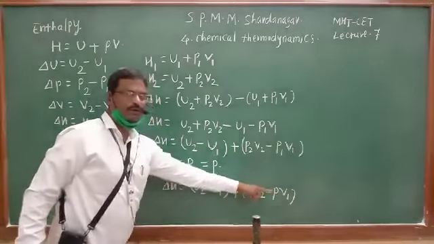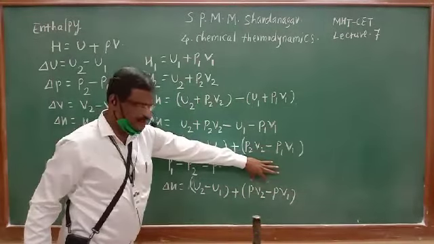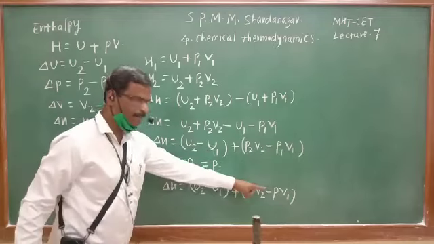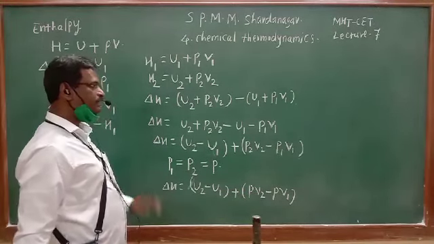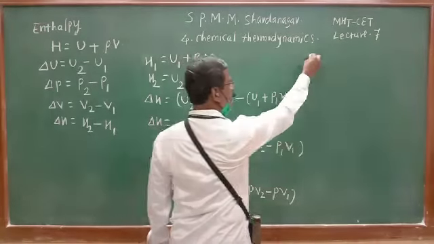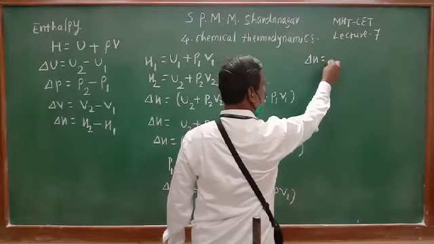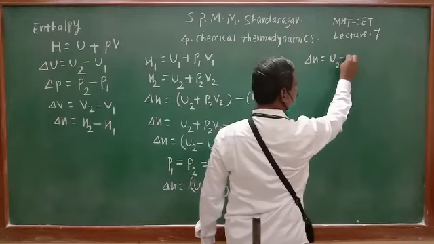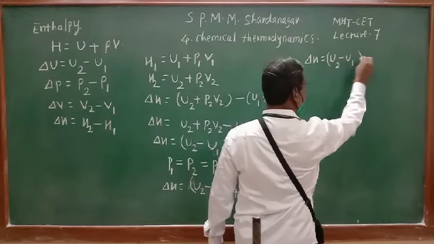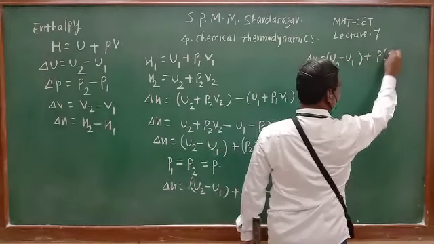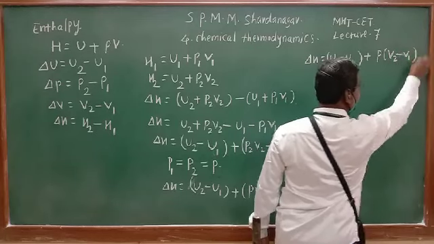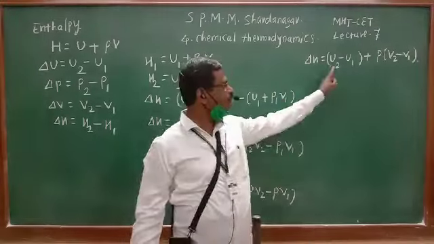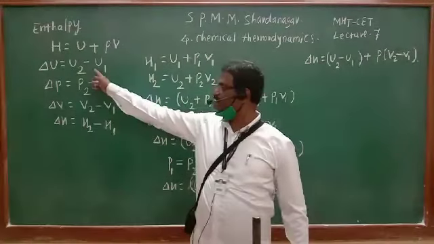Now taking common over there, what is common in this bracket? Pressure P is common because that is constant, they are same. So this equation now will become delta H is equal to U2 minus U1 plus P in bracket V2 minus V1, and U2 minus U1, what is it?